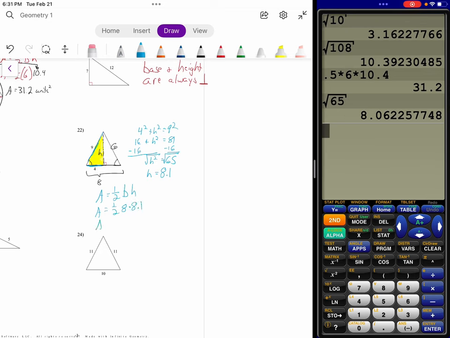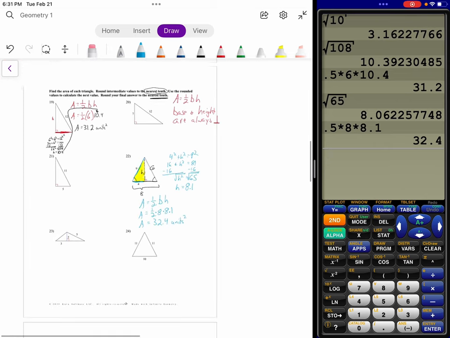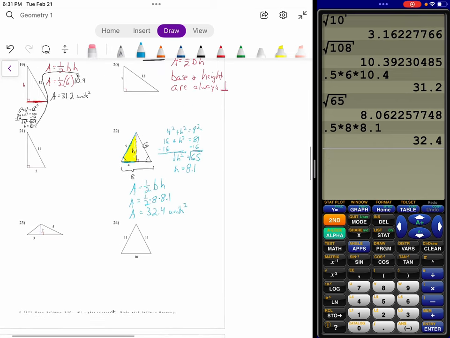We'll multiply that out, and we get half times 8 times 8.1, and the area is 32.4 units squared. So use those few examples to help you finish 20, 21, 23, and 24.